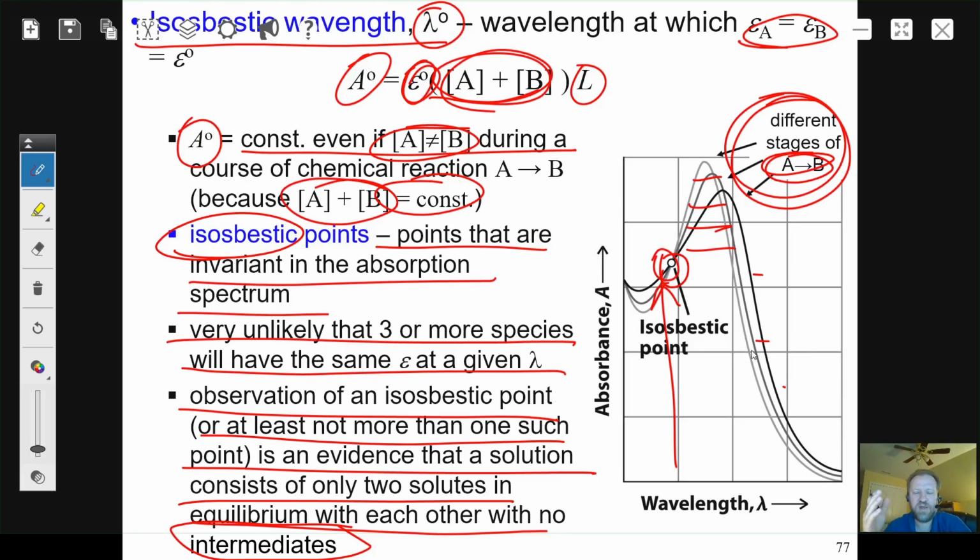The concentration of the base form increases as the concentration of the acid form decreases, but the sum of the two concentrations stays the same because you don't change the total concentration of indicator in your solution. And since at those isosbestic points the molar absorption coefficients of the acid and base forms are the same, the total absorbance does not change with those concentrations.